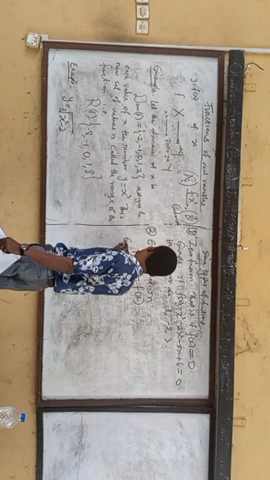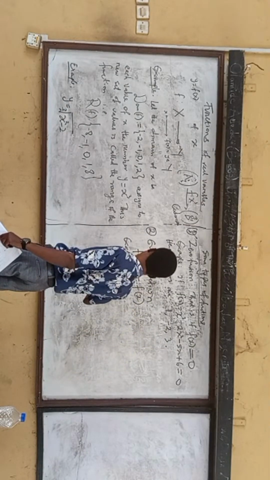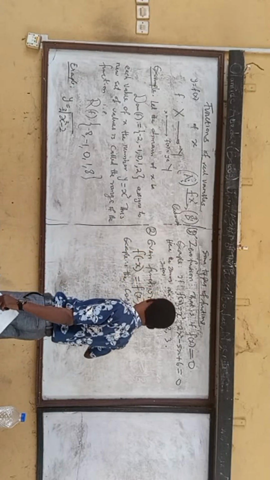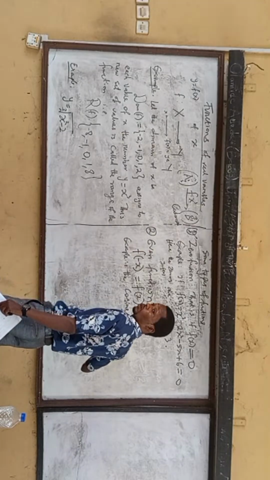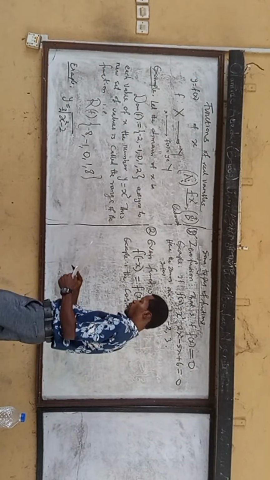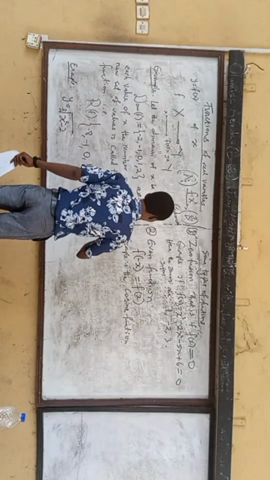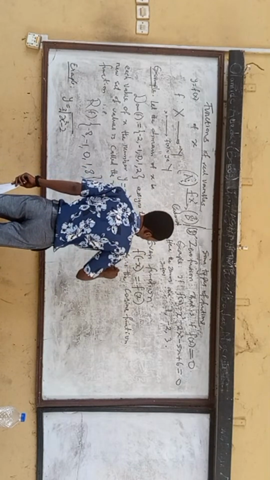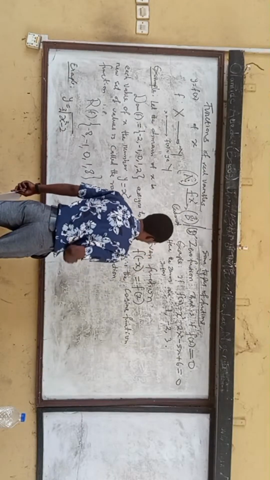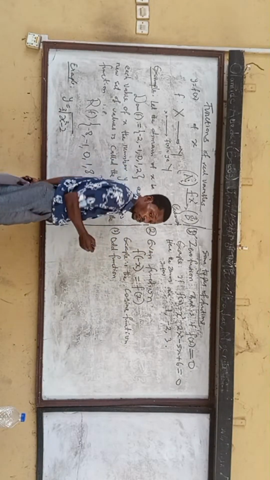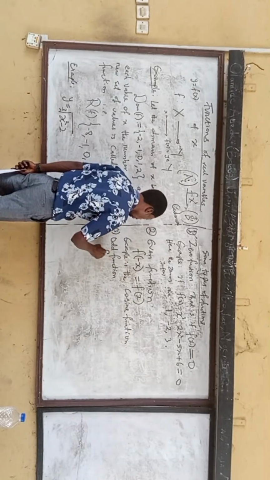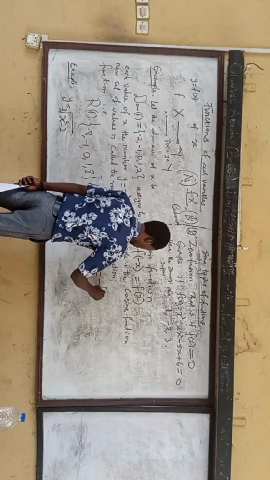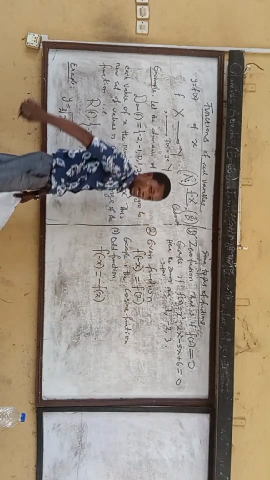An example is the cosine function. Then you can have odd functions. We say a function f of x is odd if f of minus x is minus f of x.